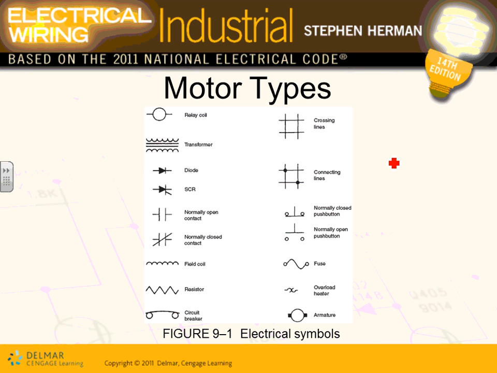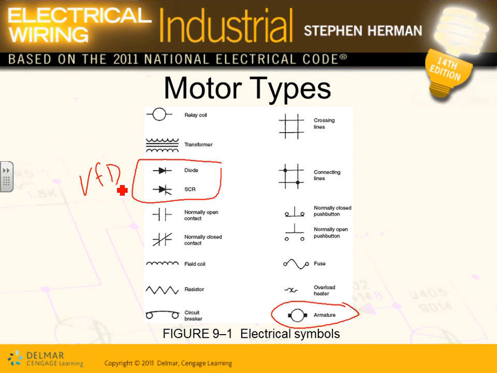This is a couple of motor types, guys, and electrical symbols that we use for motor types. I want to highlight a few things. This is the armature, which you're going to see for DC motors. We're going to be using these in particular for VFDs, conversion. We talked yesterday, guys, about the coil and energizing the coil. Transformer, control transformer, big deal.